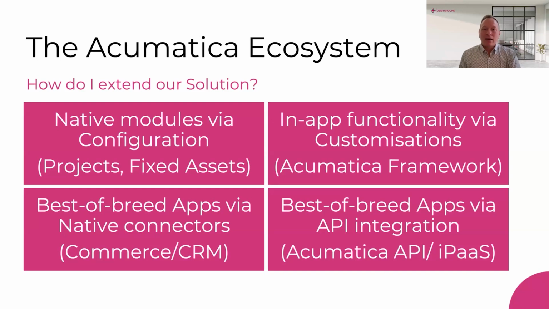Of course, from there, we actually have best of breed applications via the native connectors. Acumatica has a number of native connectors, particularly around e-commerce and CRM. For example, the Shopify and the BigCommerce e-commerce connectors are native connectors within the Acumatica solution that just need to be configured. We also have connectors to Salesforce and to HubSpot. HubSpot, of course, mentioned by Swazik.